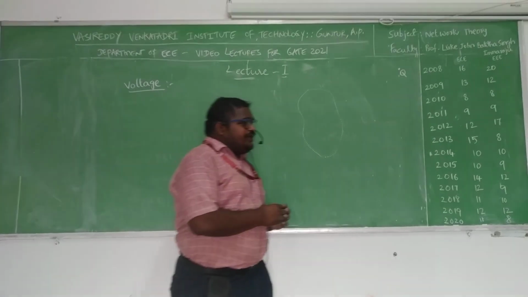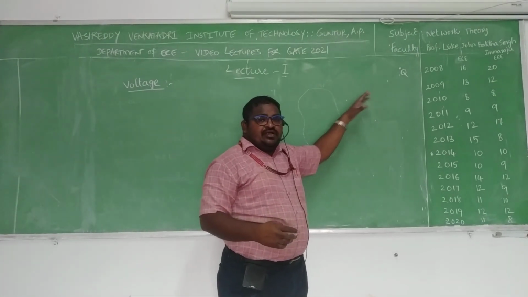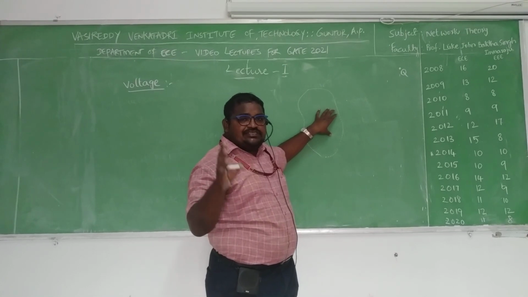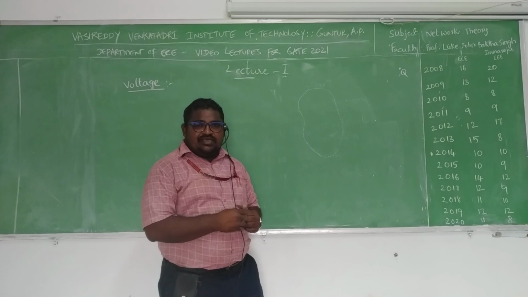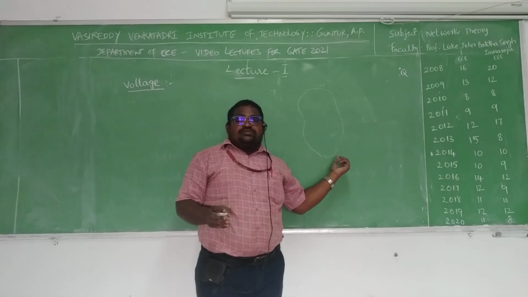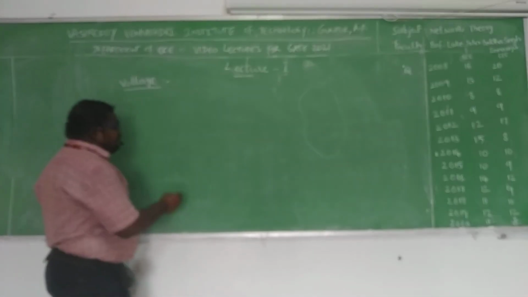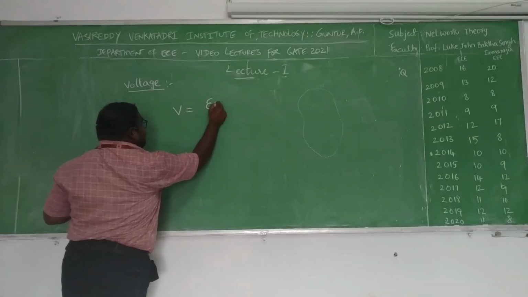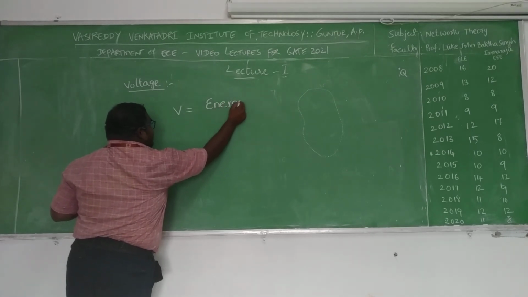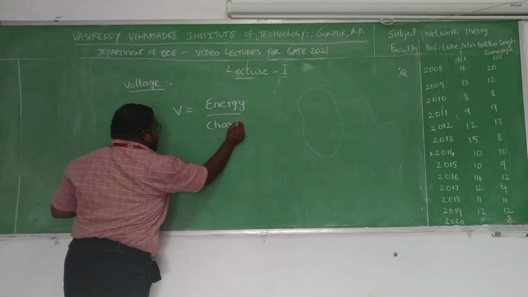Or you can also define electric potential as the capacity of a charged body to do some work in the electric field. Or as the work done by a unit positive charge. Or V is equal to energy per charge, or work done per charge.